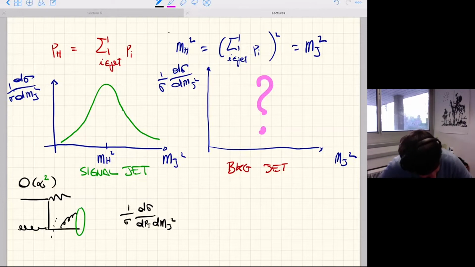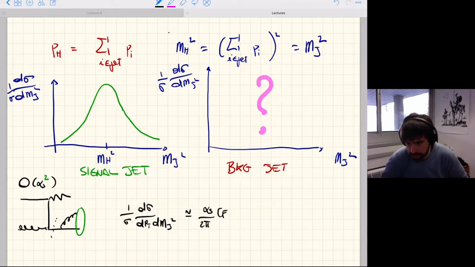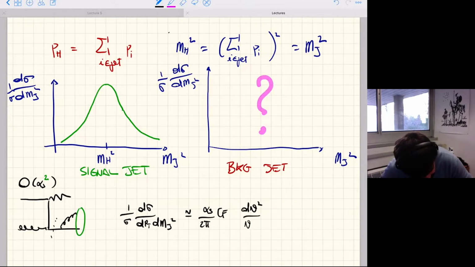So in the collinear limit, we can use factorization, so we know what this looks like. I'll have alpha_s over 2 pi. If I look at this type of contribution, I have C_F because the color factor for the emission of a gluon from a quark is C_F. And then I have my phase space in the collinear limit, dz dtheta squared over theta squared, times the splitting function.